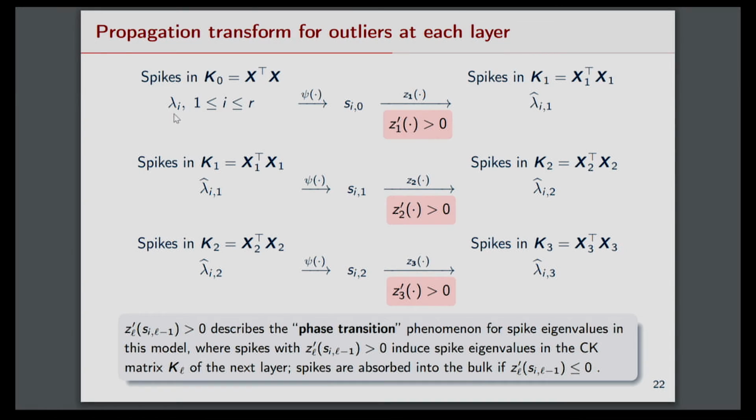Similarly, we can also consider the eigenvector. For instance, if you have an eigenvector corresponding to lambda 1, how does it align with the eigenvector of lambda hat i? We can compute the angle, like the inner product between these two eigenvectors, and ask what the asymptotic limit for this inner product is.